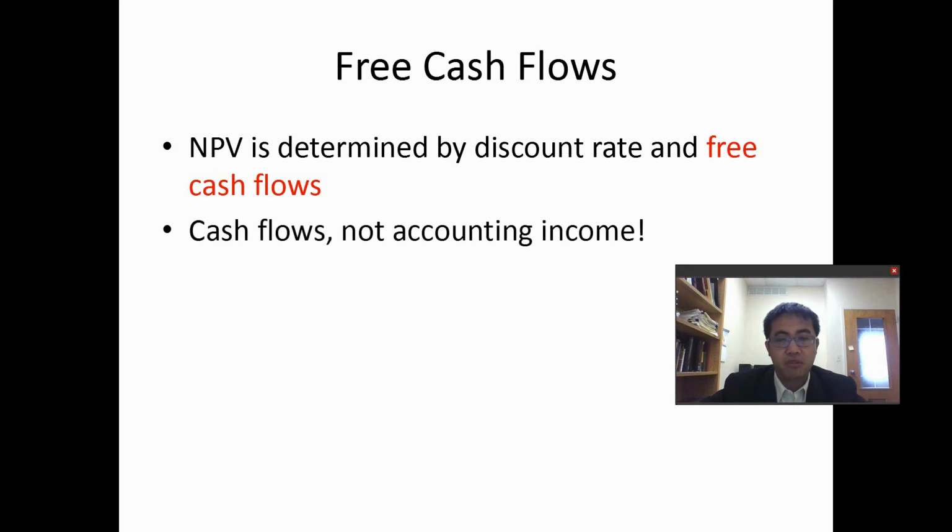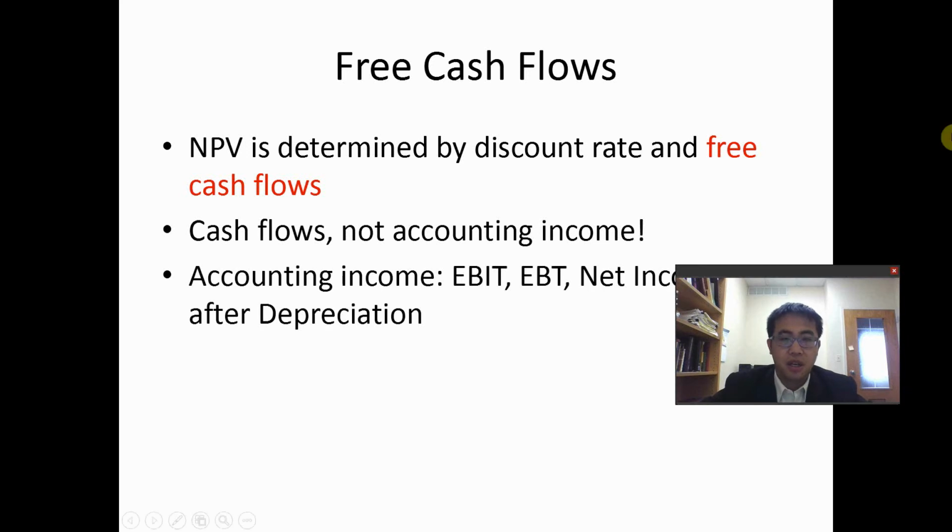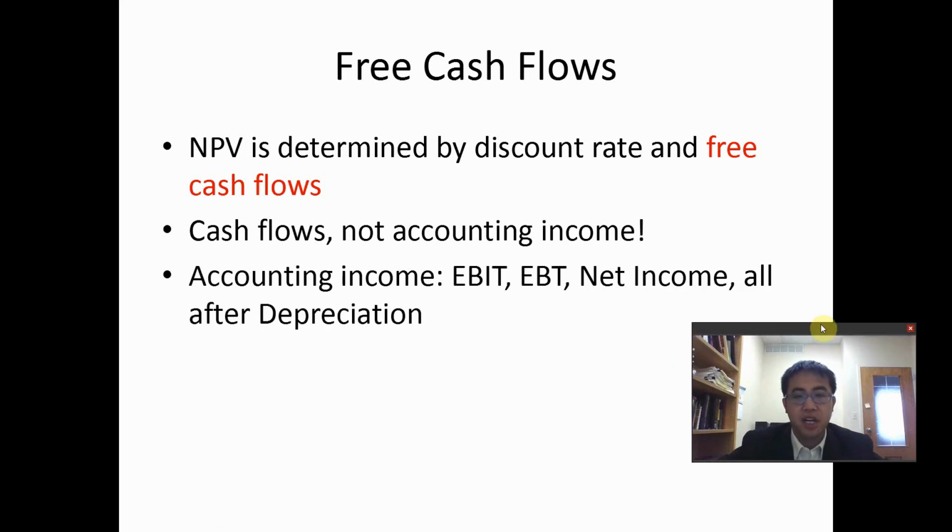These cash flows are not accounting income, and this is very important because in accounting income, depreciation is involved. EBIT, earnings before interest and taxes, or EBT, another name is taxable income, and also net income, are all after depreciation is deducted from sales. And since depreciation is not exactly a cash term, the net income and operating income after depreciation are not cash terms either.